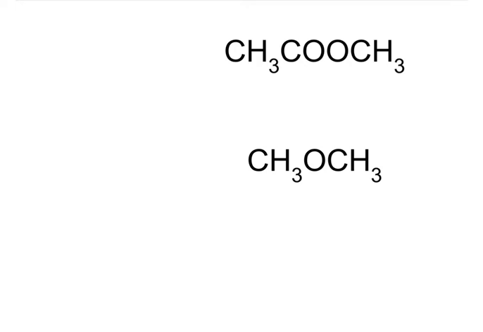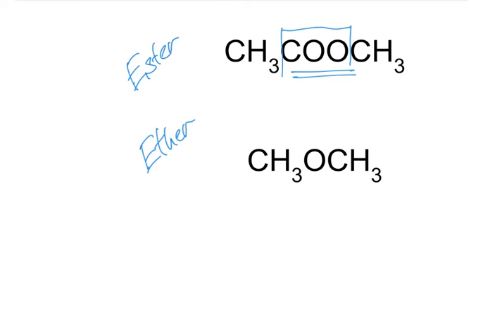Okay, so over here we can see that this one is ester. It's a condensed formula of the ester. We see the functional group right here. This one is ether. The functional group is here.